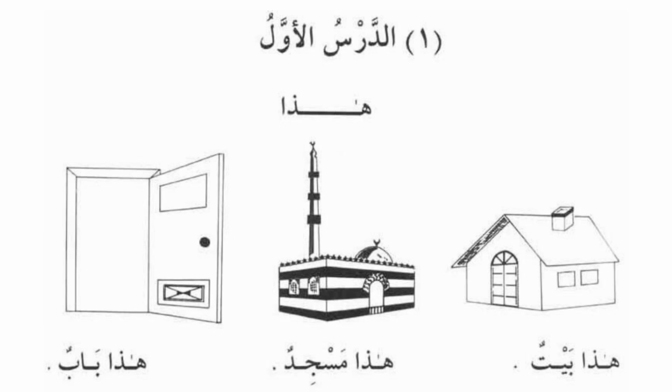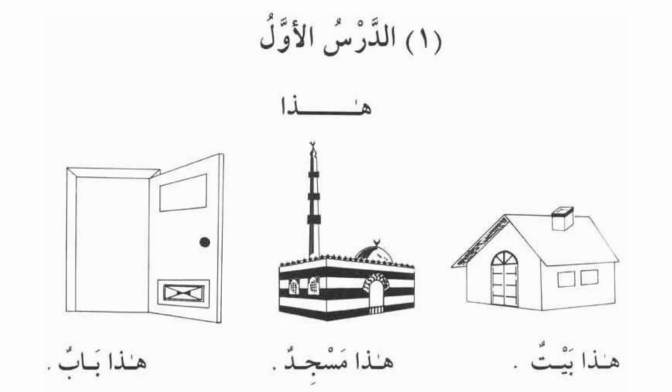So now you can look around you at any item that you can see. If you want to say this is my pen, you say Haadha, then the name of the item: Haadha qalamun. Okay, Haadha simply means this.